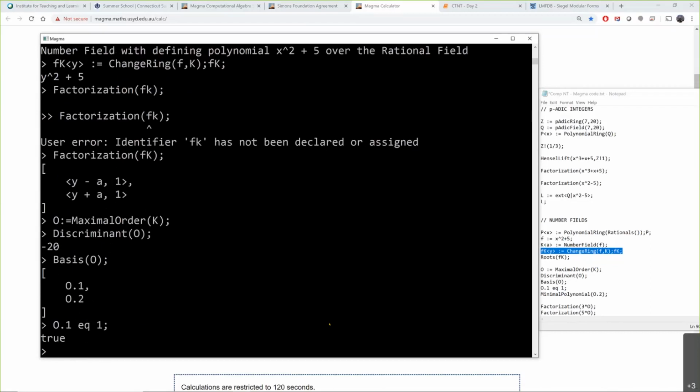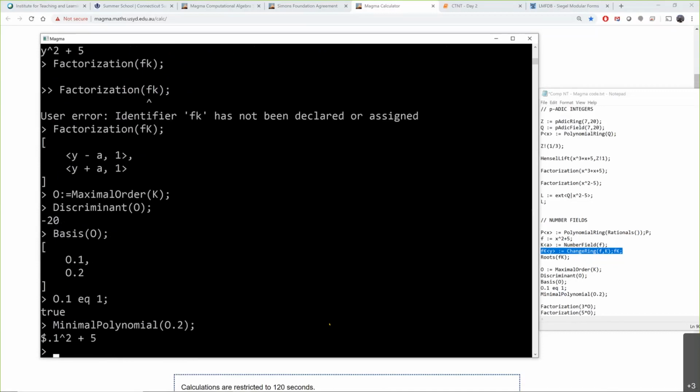And for O2, we can check what is the second element in there. I can do O2. And that is, the minimum polynomial is x squared plus 5. So the second element is what we called A, the square root of -5. So the ring of integers is generated by 1 and the square root of -5.